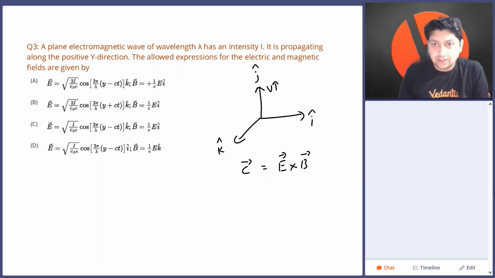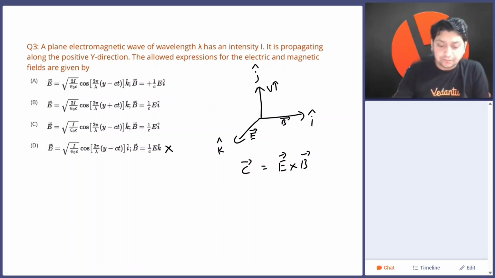So the direction of propagation will be given by E cross B. So applying the right hand thumb rule, the electric field has to be in the Z direction and the magnetic field has to be along the x-axis, right? So from here we can say that this option is completely wrong.